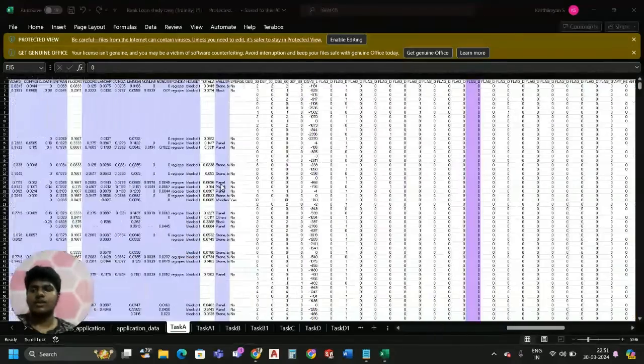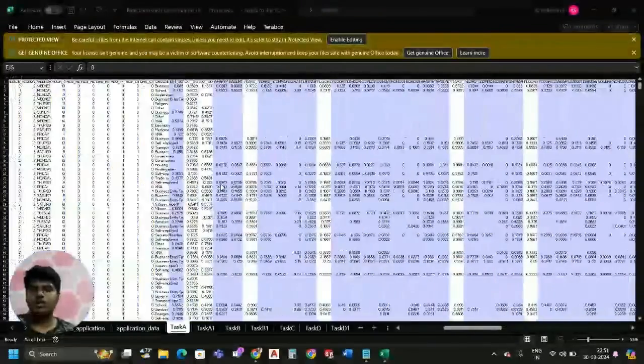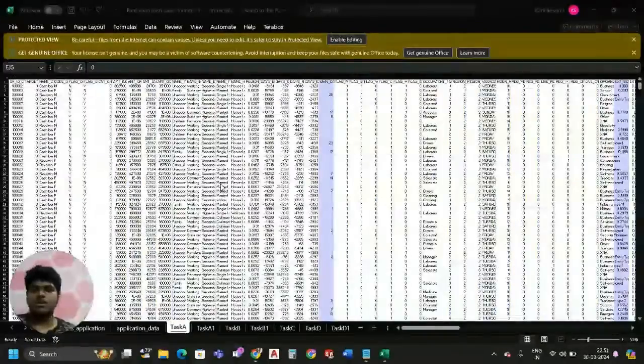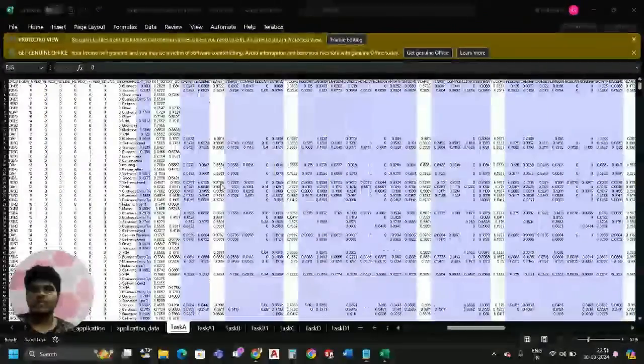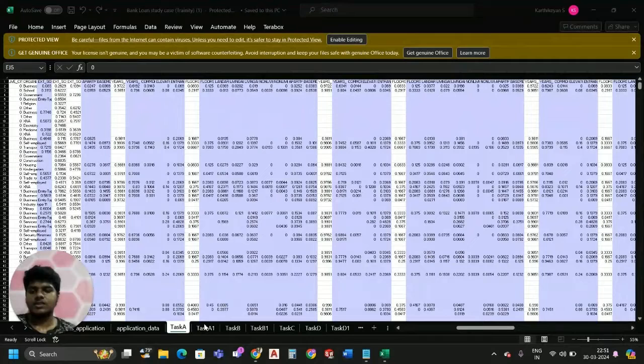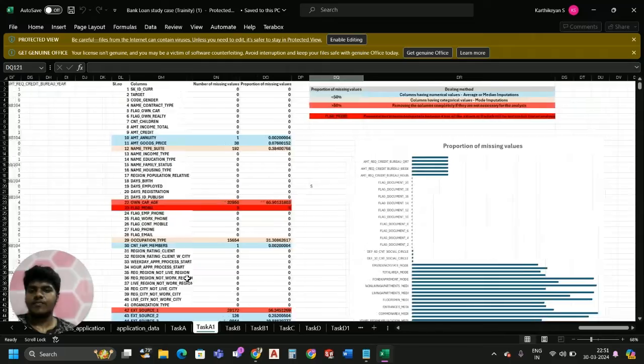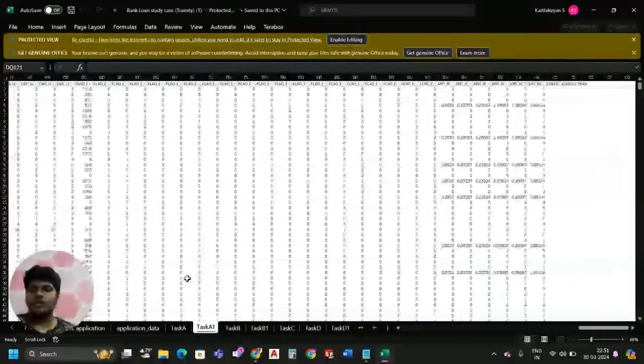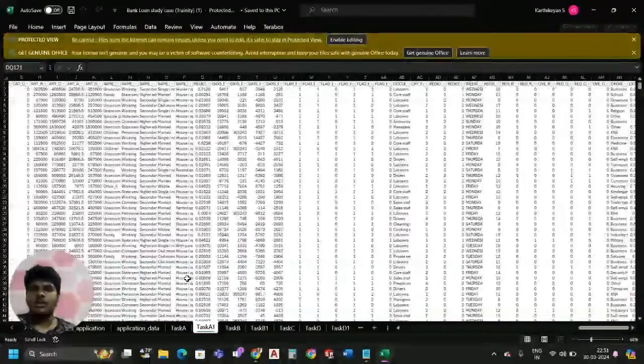Here you can see I have marked the several columns. These are all the columns having more than 50% of missing values. In the next sheet, we can see all the columns that were marked in the last sheet have been removed.